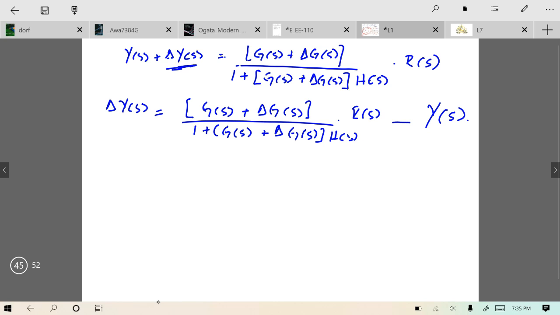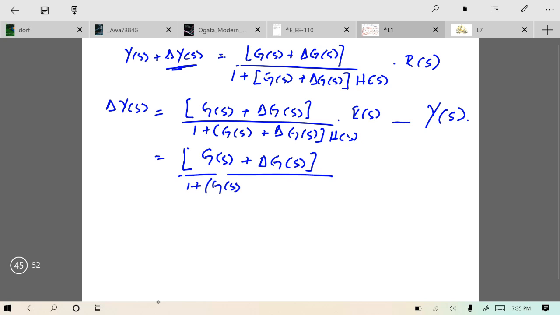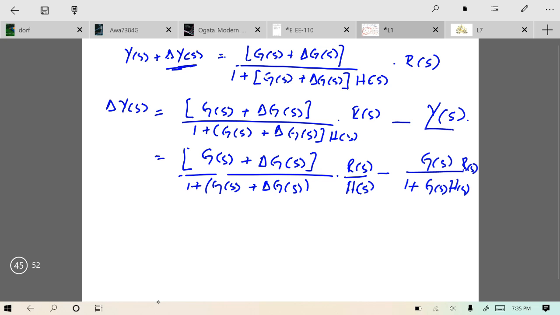Let's put the value of y of s, which was initially g of s over 1 plus g of s into h of s, into r of s.